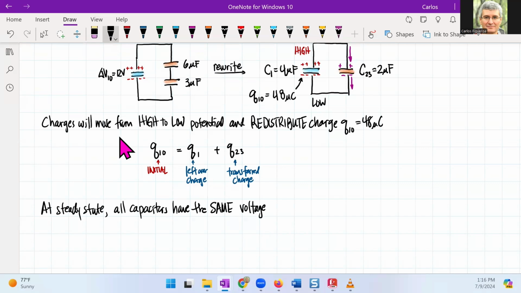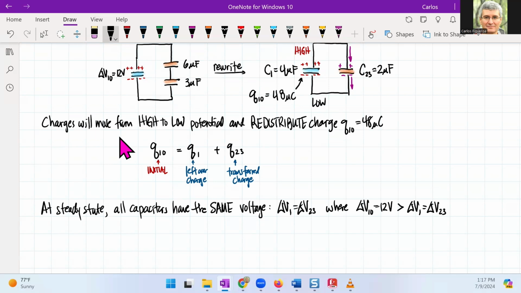And so that means that the voltage of capacitor 1 has to be the same as capacitor 2,3, where the initial voltage of 12 volts is then going to be greater than V1, which is equal to V23. So we expect that.